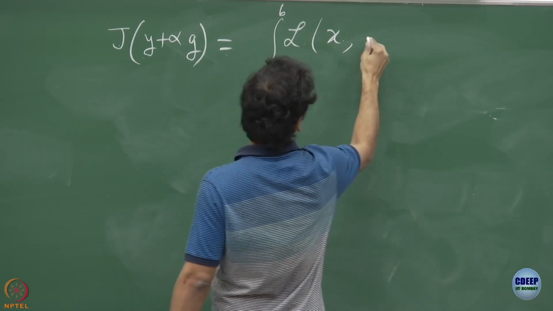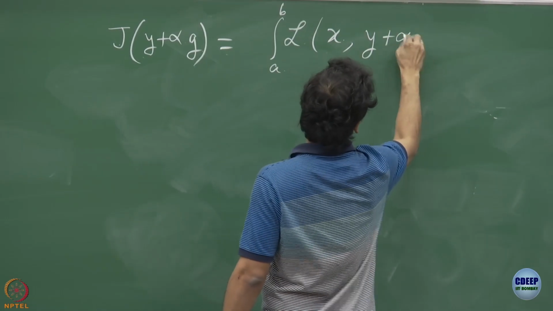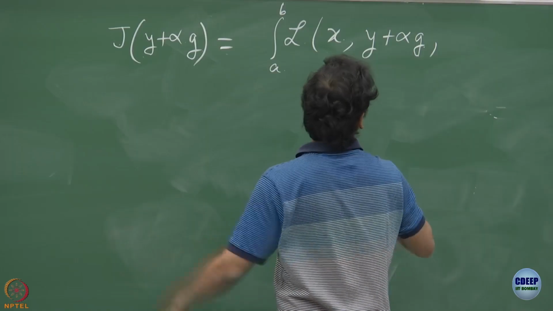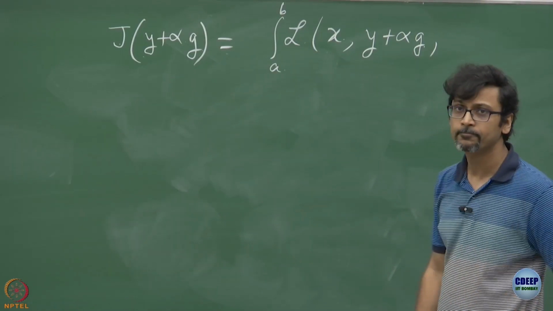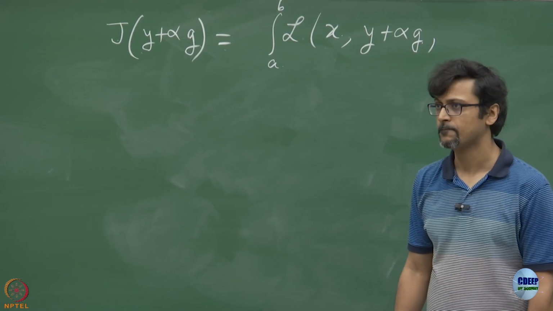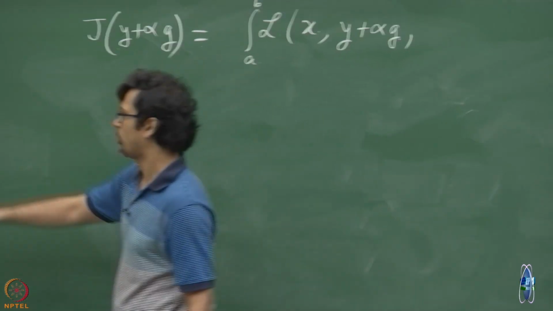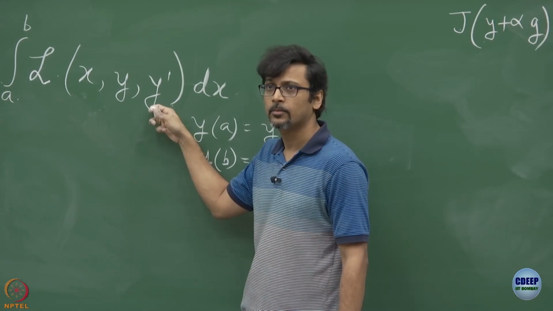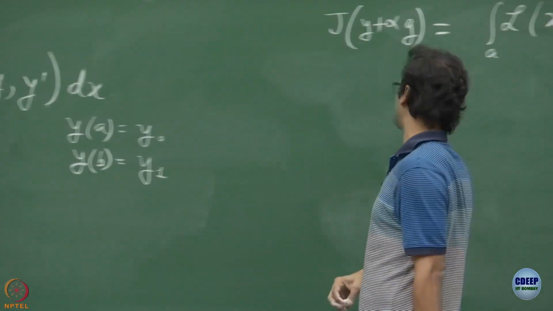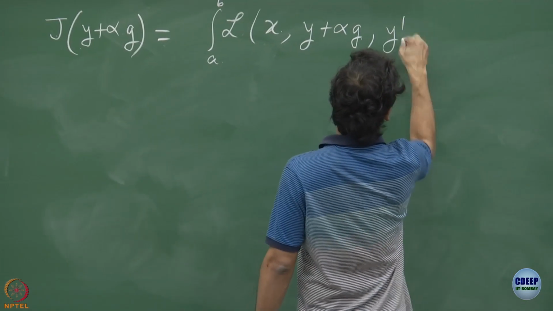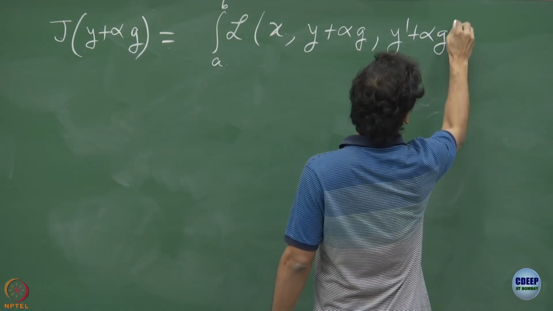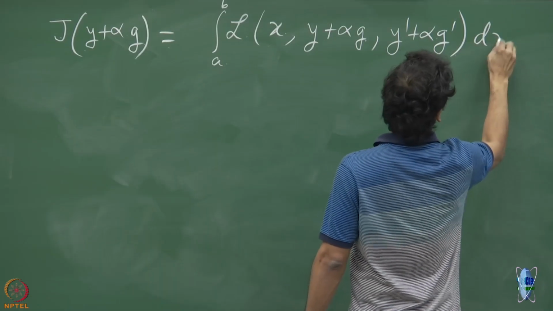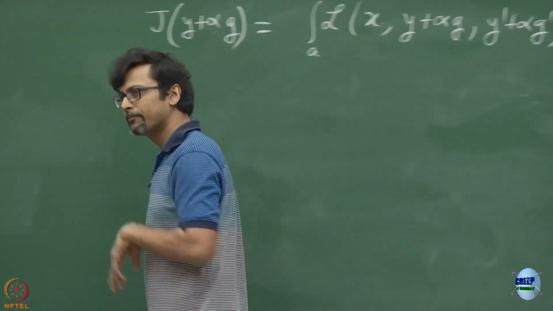X doesn't change, this gets replaced by... what happens to the third term? What will this get replaced by? Y prime plus alpha g prime, exactly.